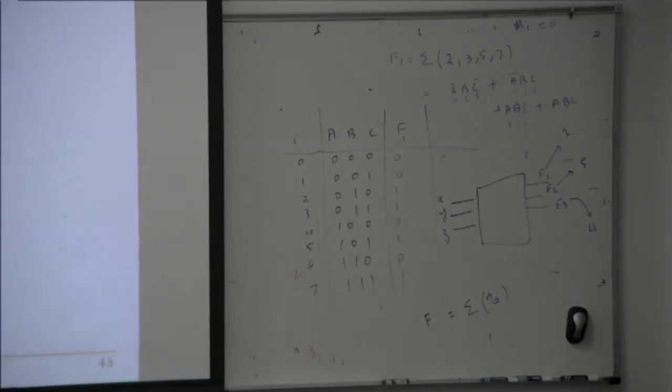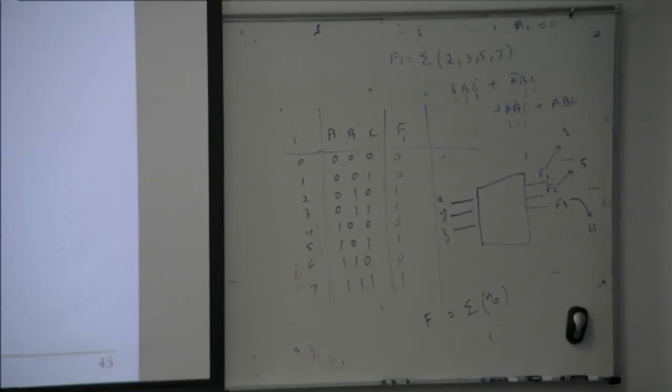So this is called the standard notation. So for this representation, remember the order of the variables is very important. If you say A, B, and C, then A is the MSB and C is the LSB. If you say CBA, C is now the MSB and A is the LSB.